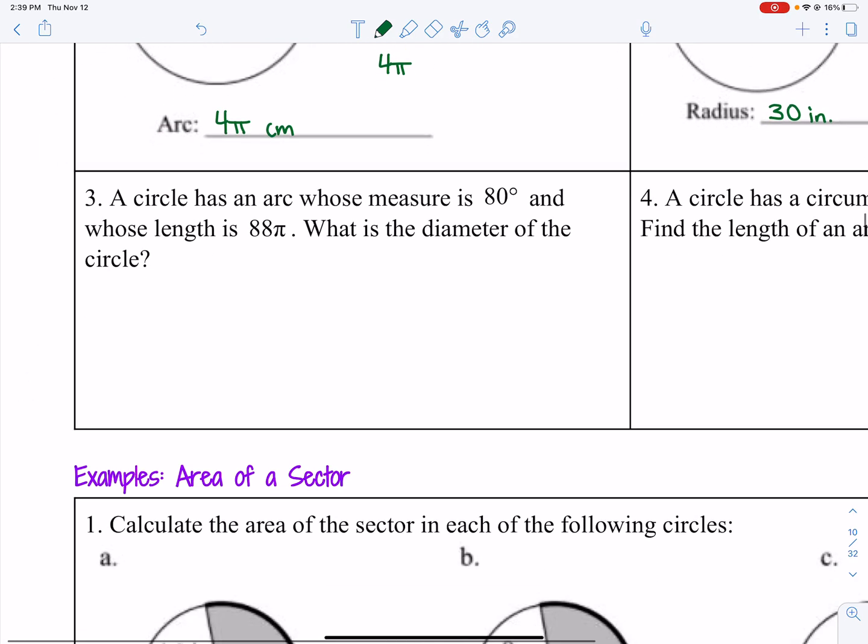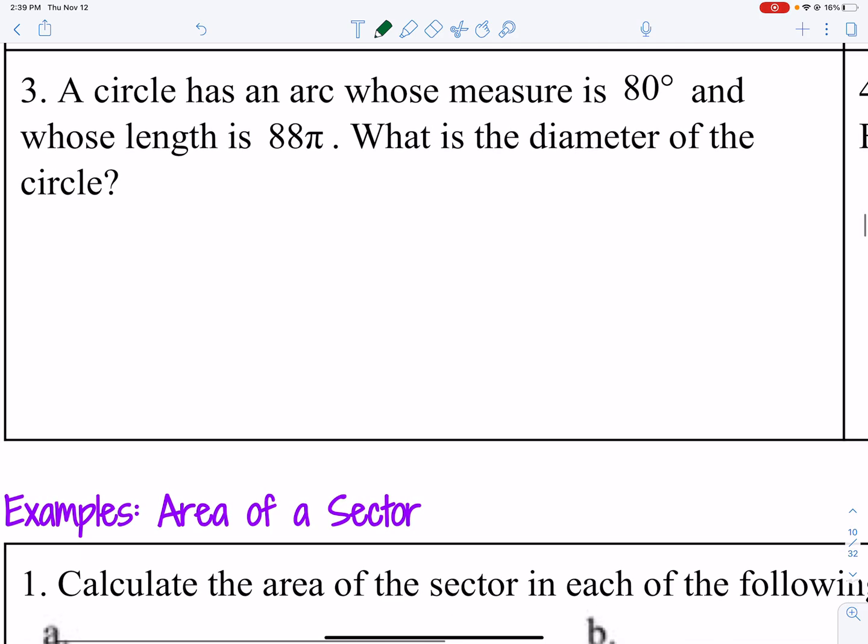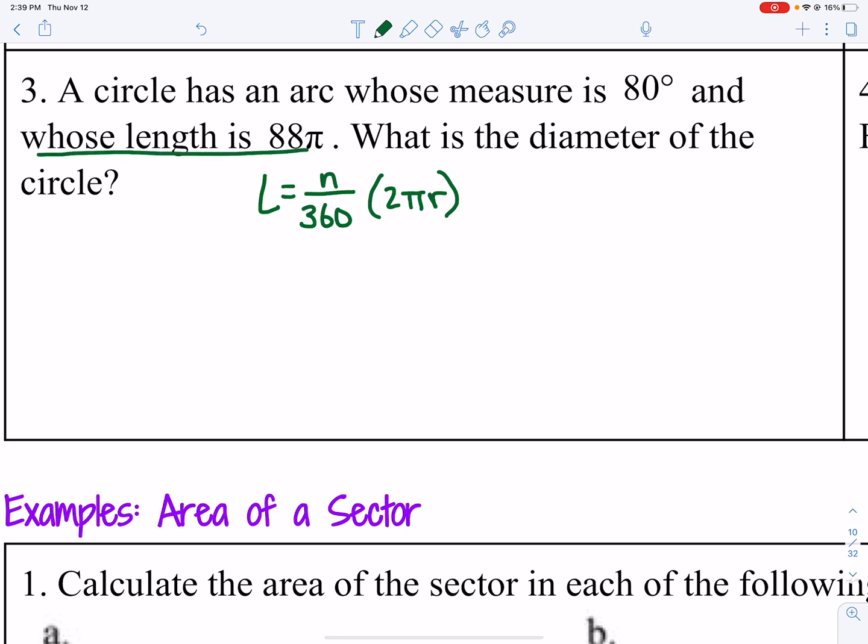All right, number 3 says, the circle has an arc whose measure is 80 degrees and whose length is 88 pi. What is the diameter of the circle? So let's put the arc length is n over 360 times 2 pi r, that same formula. They told us the arc length is 88 pi, so let's plug that in.